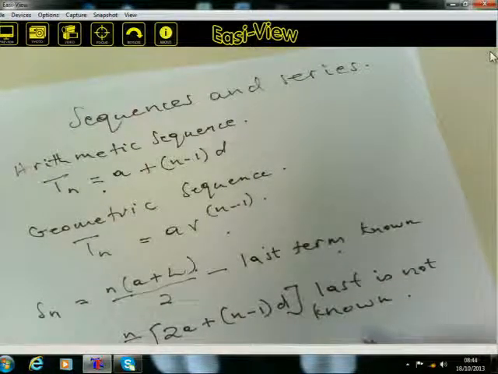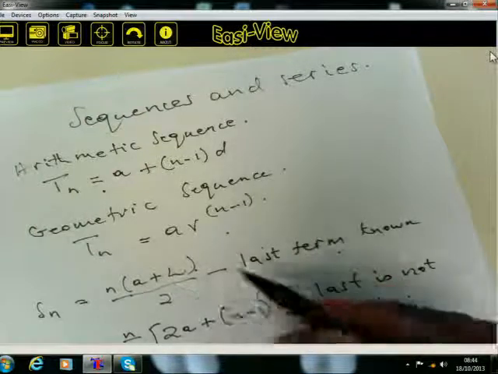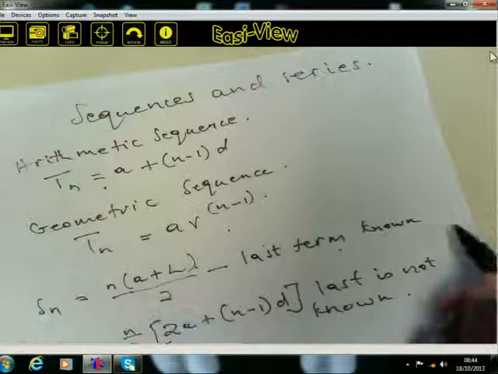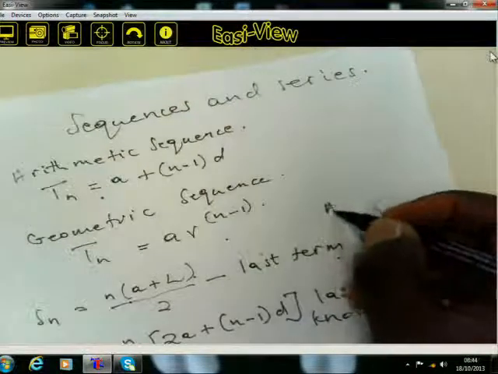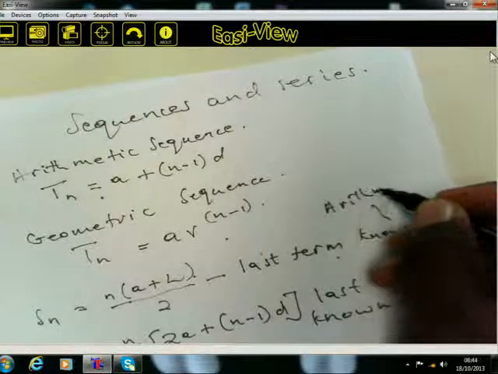That is for something arithmetic also. In other words, these two are for something that is arithmetic.